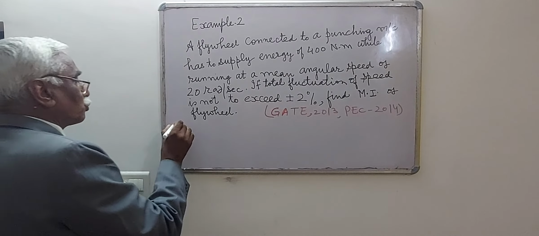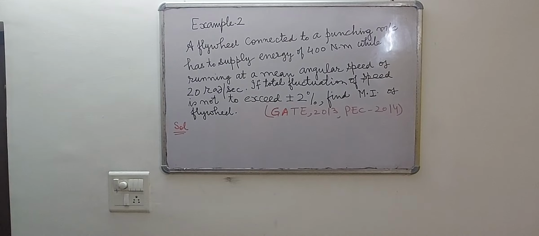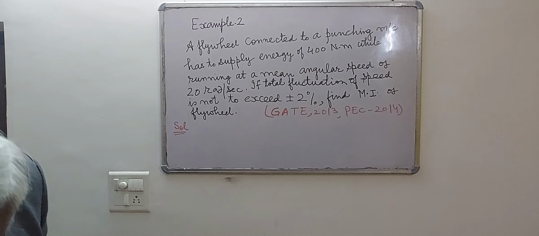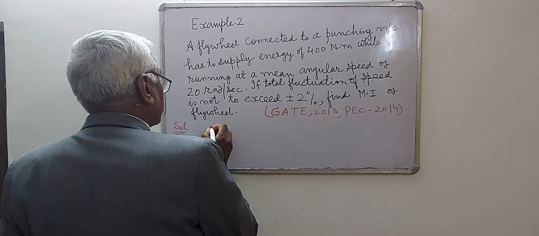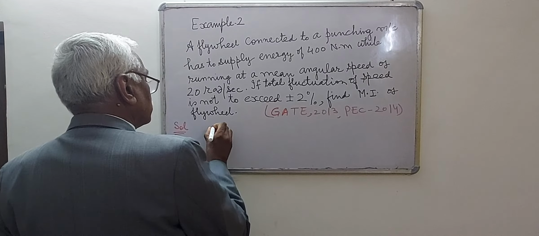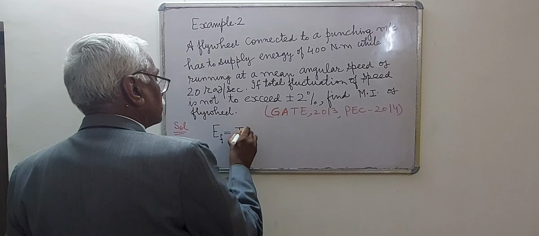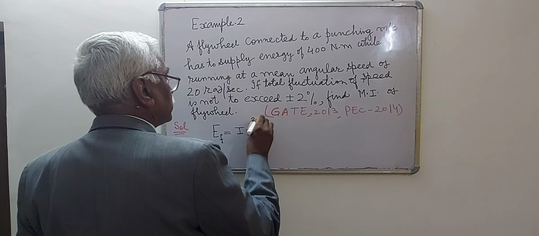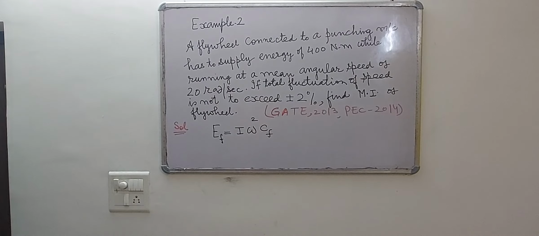Now I present the solution. We know that EF is given by I omega square into CF. This we have proved in the class.